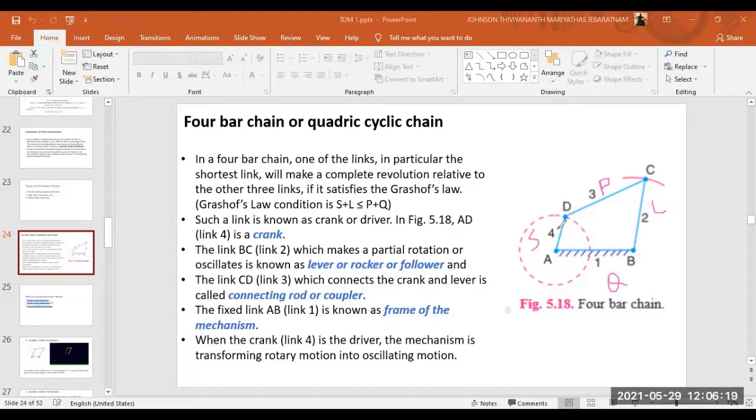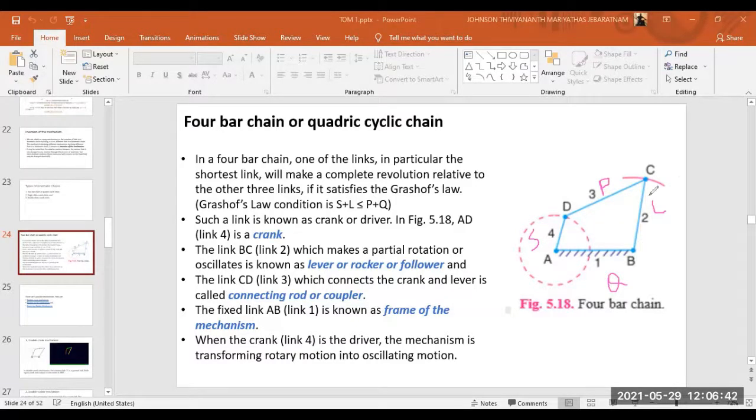Then the link BC, which makes the partial rotation or oscillation, is known as the lever, rocker or follower. What will happen if this one rotates like this?